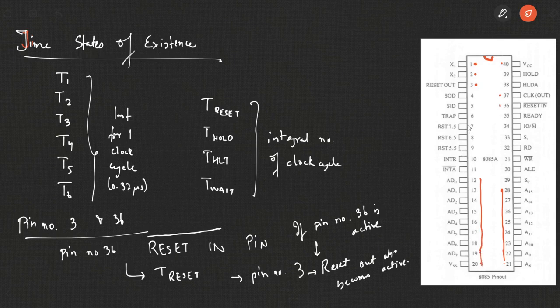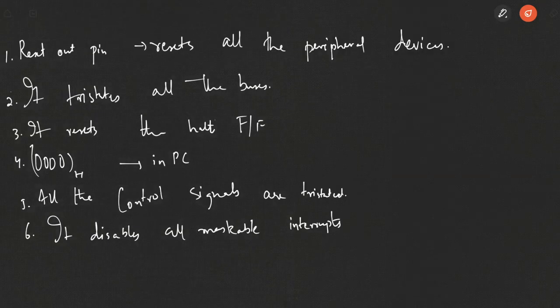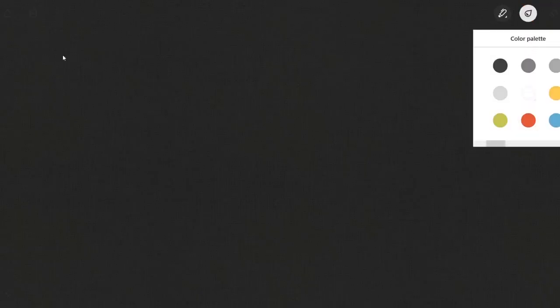We have pin numbers 6 to 10. You have trap, you have RST 7.5, RST 6.5, RST 5.5, and INTR.